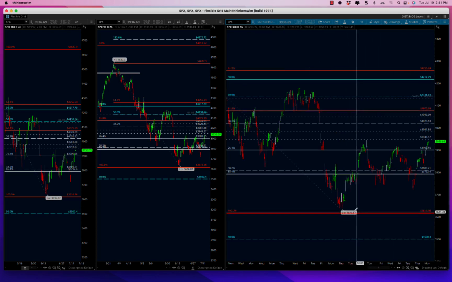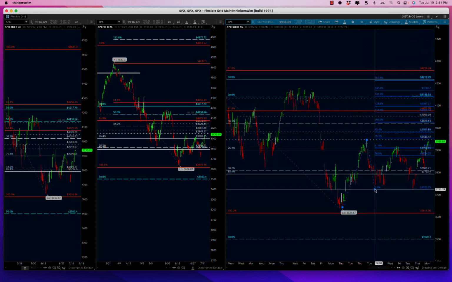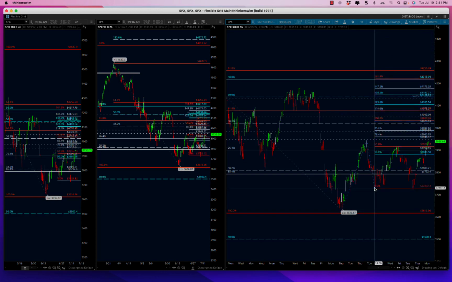So let's say continuation pattern. Start here. I ran up. I did some back testing. Where do I want to go? Anybody see anything interesting here? I start my run.